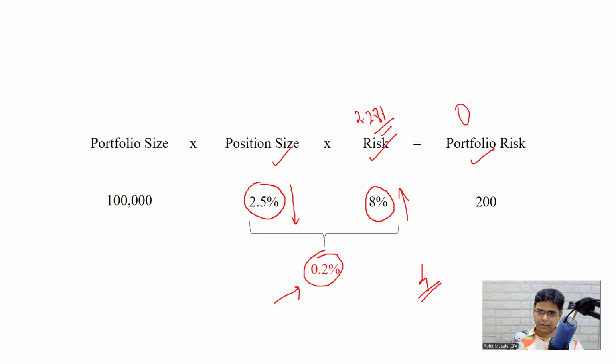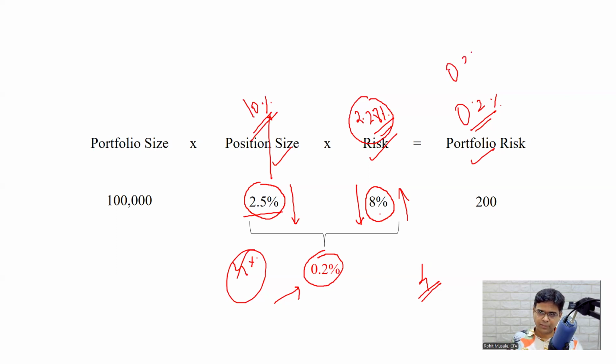Okay. And here I have 0.2%. So almost, see, I have reduced from 8%, I have gone down almost to 1/4. So if I am reducing my risk by 1/4, obviously I should increase my position size by 4 times, right? So obviously my position size should become 10%. 10% of 2.28 is roughly 0.2%, 0.228%, right?